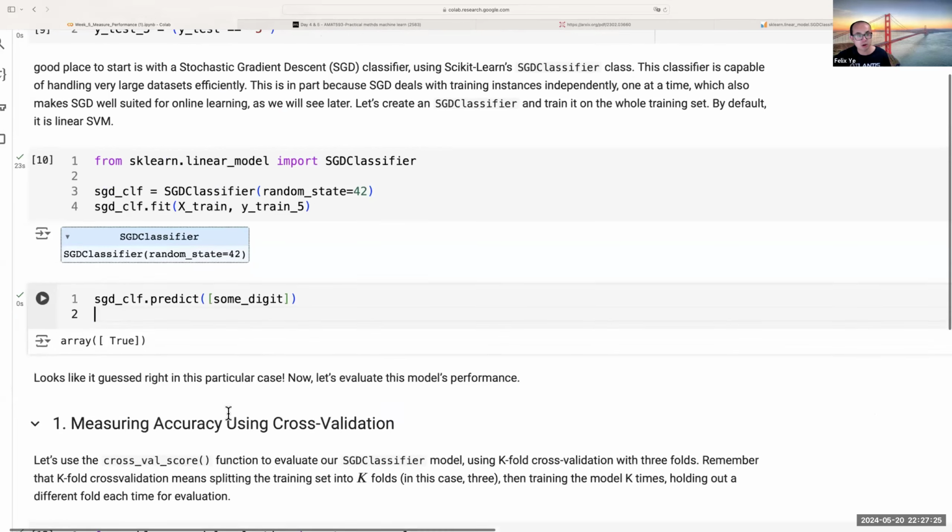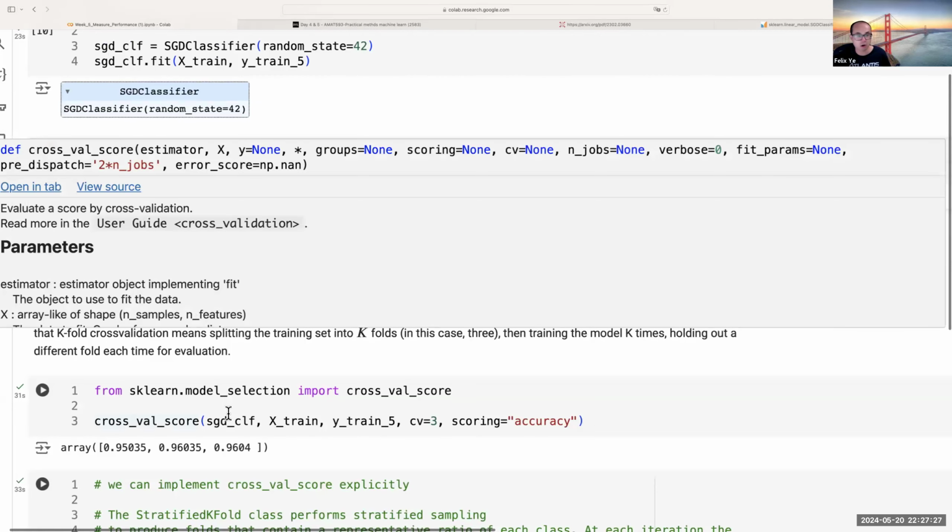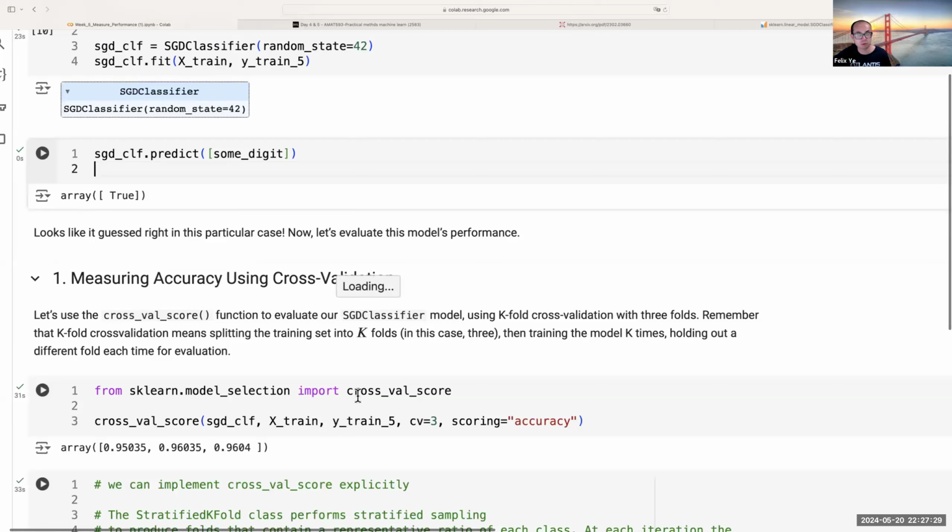Okay, we can use this to measure the performance, and the way to do so is cross-validation. There is a function called cross_val_score. It evaluates our SGD classifier model using k-fold cross-validation.